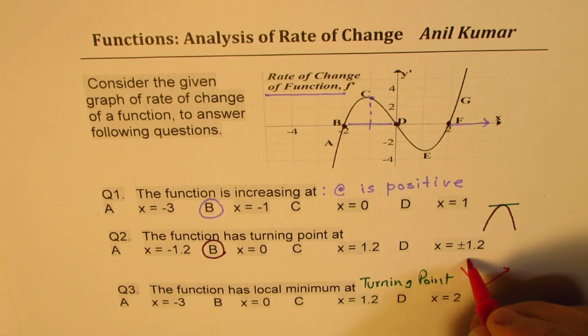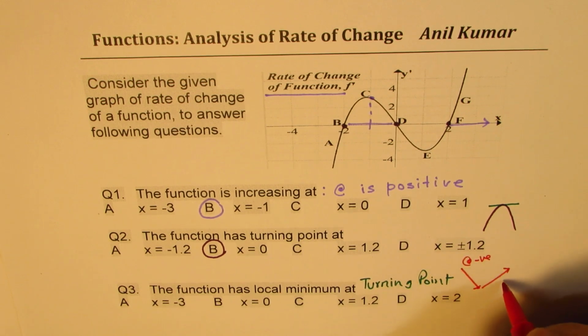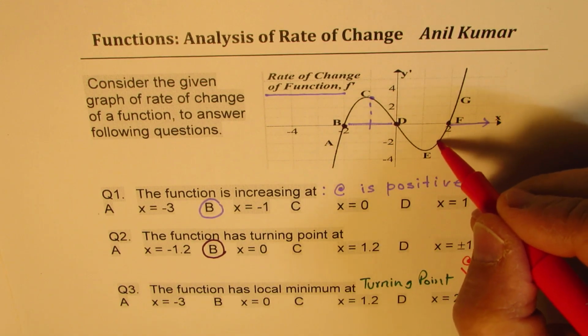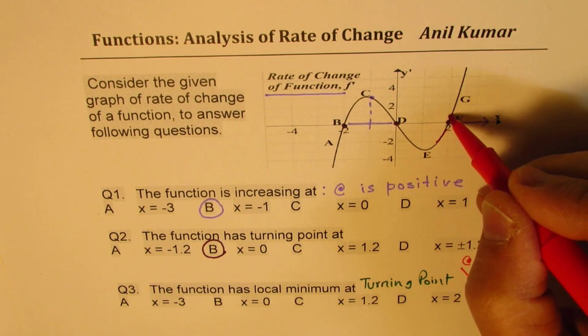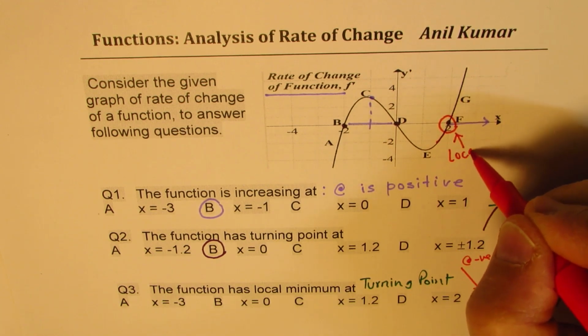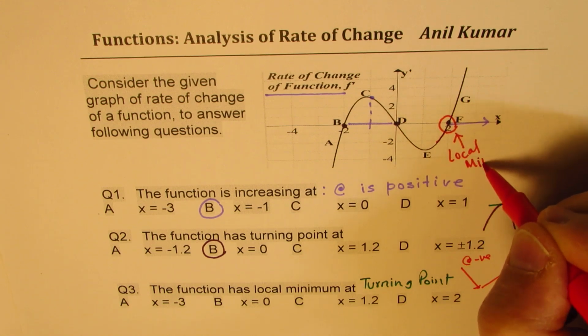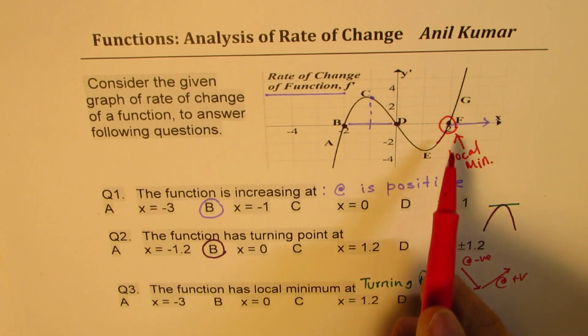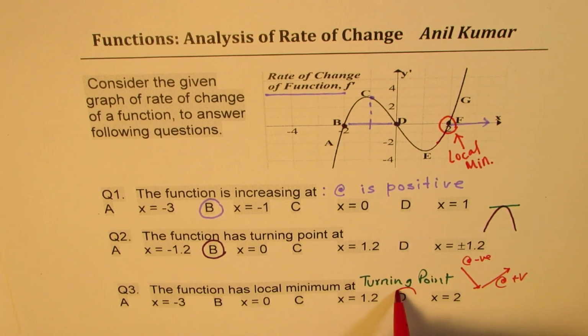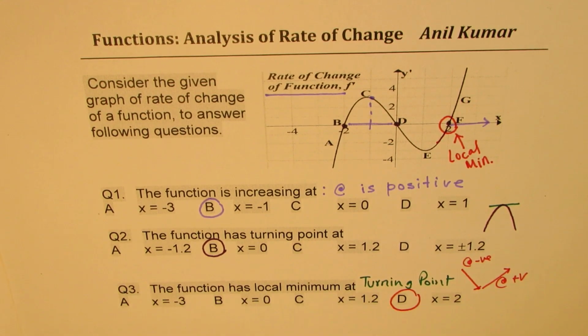Decreasing means rate of change is negative and increasing means rate of change is positive. So the point where the rate of change changes from negative to positive, right? So this is the point. At this point, we should have a local minimum, correct? So that should be your answer. You're looking for x equals 2, which is option D. You get the idea. So that is how we have to answer these questions, correct?